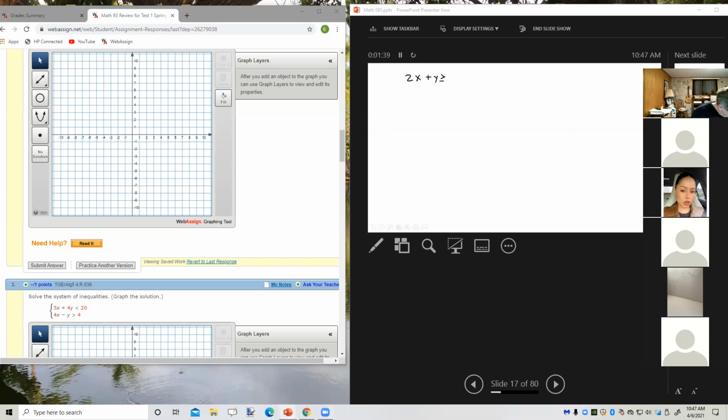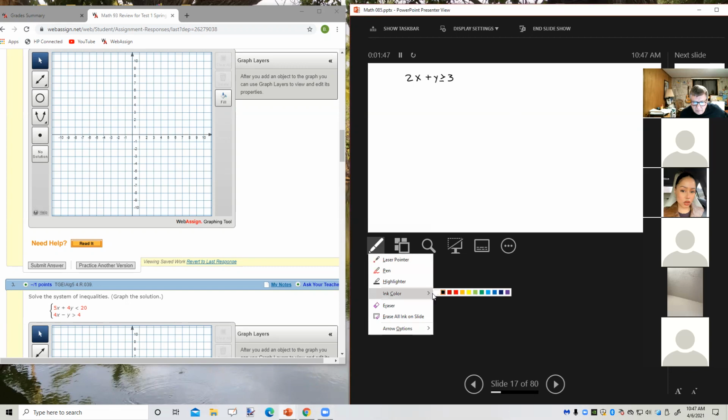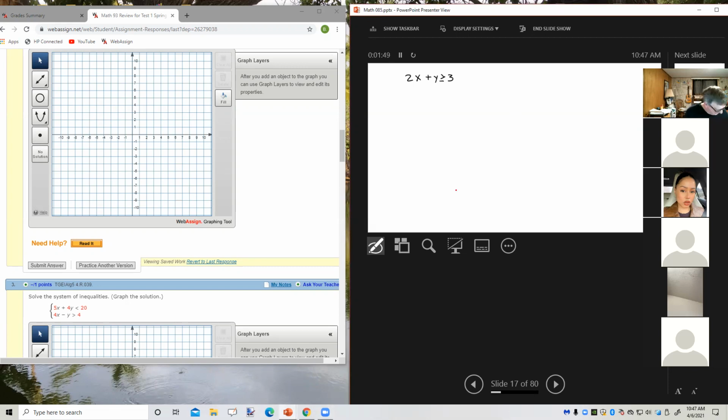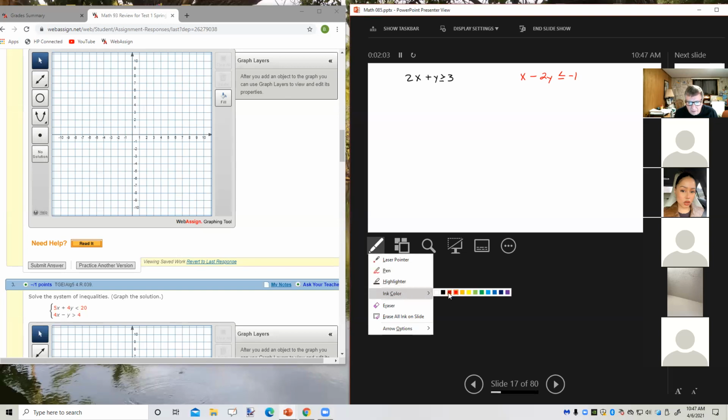All right. 2x plus y greater than or equal to 3. And the other one is x minus 2y less than or equal to -1. Okay, so we're going to go back and solve the black inequality first.